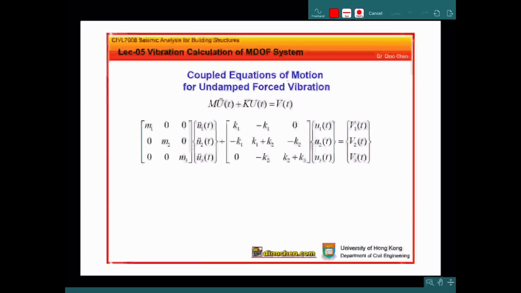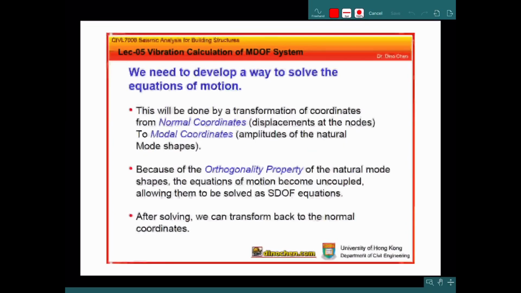So we focus on the basic equation already described in the previous lecture. For this MDOF system, we can compute the modal result. Modal result means two things. One is the mode shape factor, or you can call it the mode shape displacement, and the other is each mode's circular frequency, or we call it the period of each mode. We can get these from the modal analysis, which we already described in the previous lecture, so we won't go into more detail.